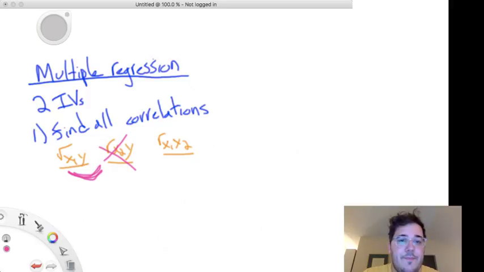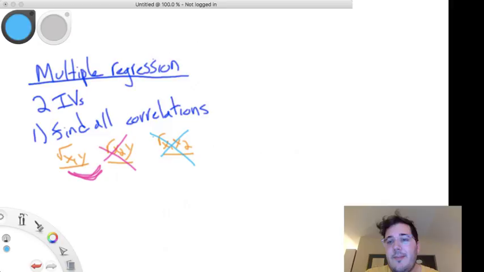If the correlation between your 2 predictors is not significant or does not exceed some critical value of R, then you would still move on. You would still keep doing multiple regression because you still have 2 predictors that are correlated with your outcome.